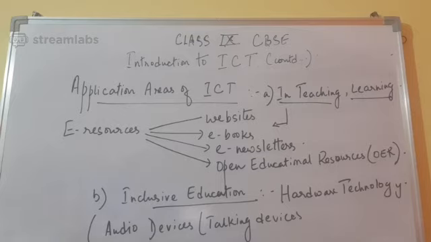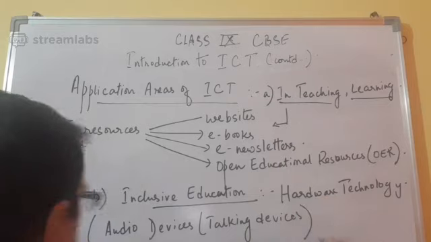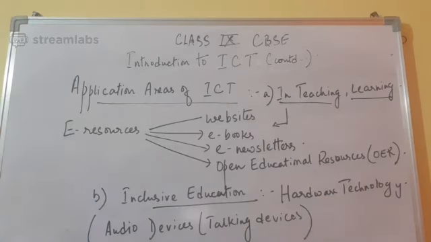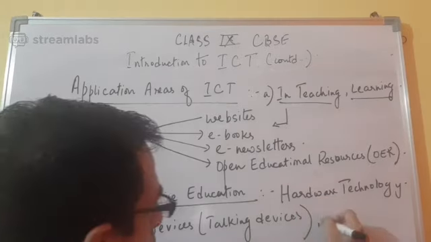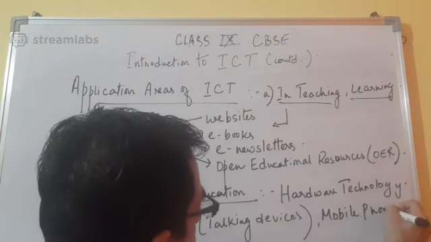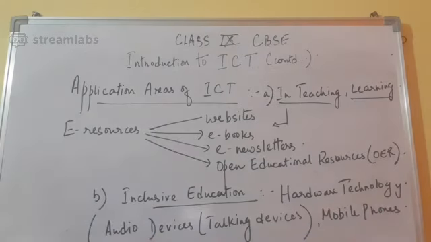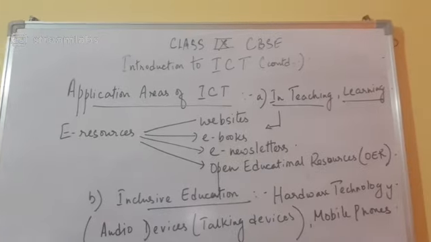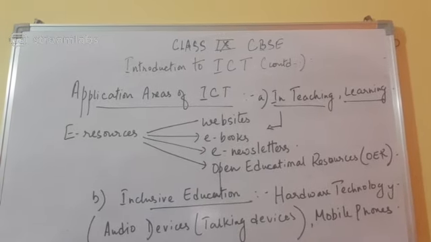Audio devices and talking devices, and like yesterday I was talking about mobile phones, the use of mobile phones for gathering information can also be a big part of this. So all these things will be a part of inclusive education. Inclusive education means where the hardware technology also becomes a part.